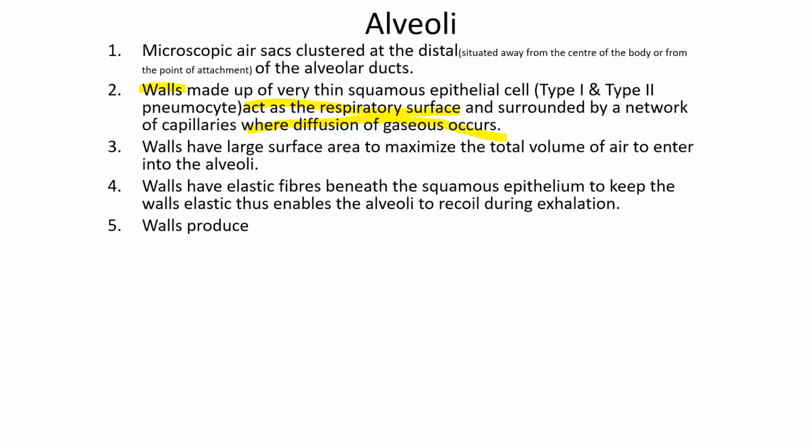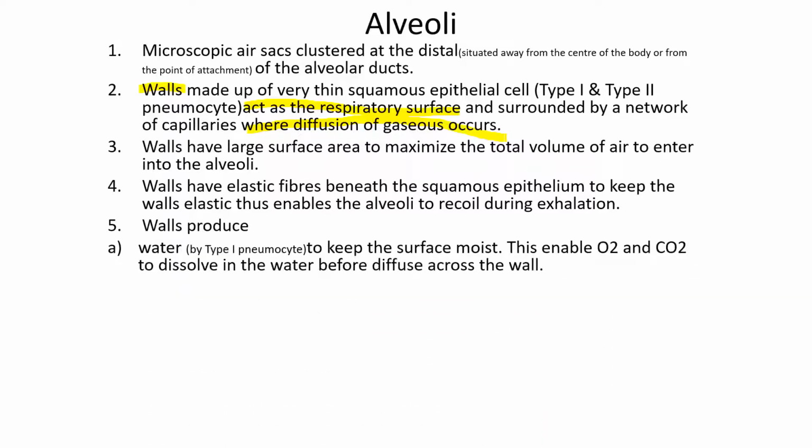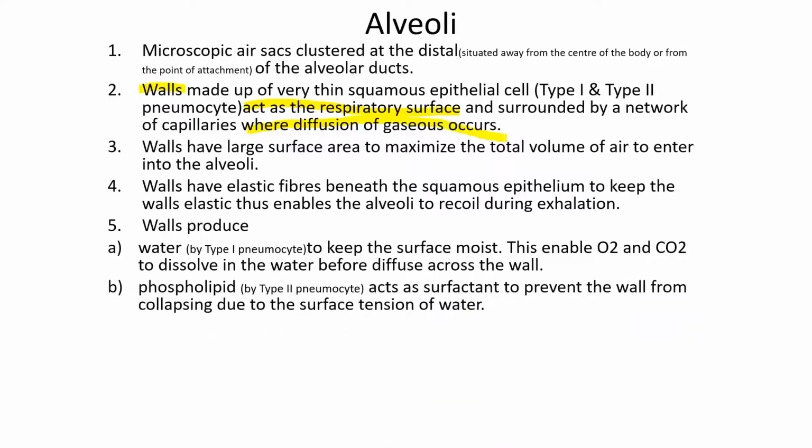Now, the walls of the alveoli produce water, which is secreted by the type 1 pneumocytes. This water keeps the surface of the alveoli moist. Why? To enable oxygen and carbon dioxide to dissolve in the water before they diffuse across the wall of the alveoli. The walls also produce phospholipid.